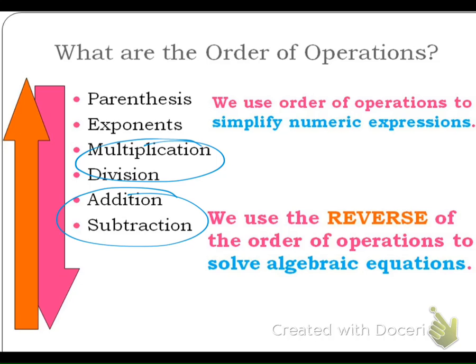To solve an algebraic equation, though, we have to go in the reverse order of operations. So you would first do any addition and subtraction, and then any multiplication and division. Addition and subtraction would be like combining your like terms. Multiplication and division would be when you isolate your variable from its coefficient.